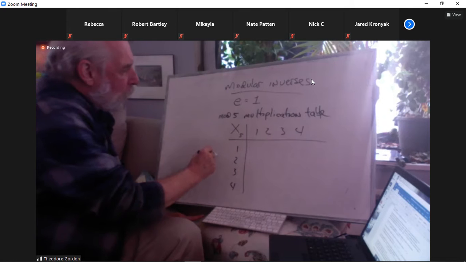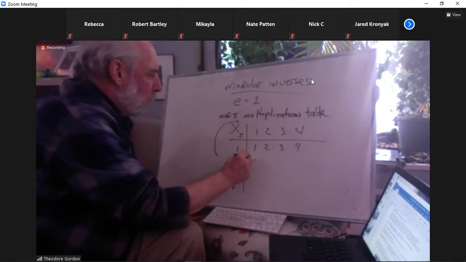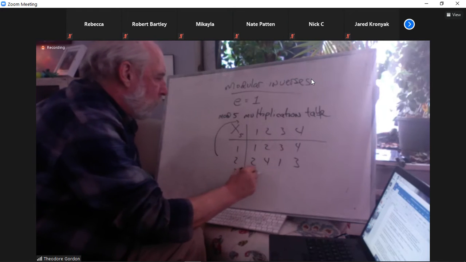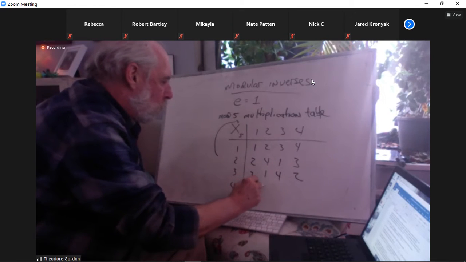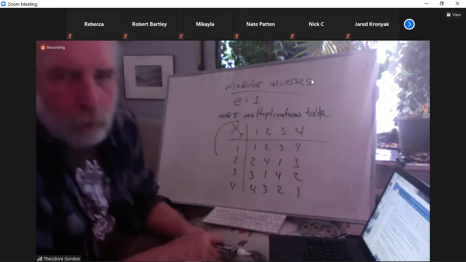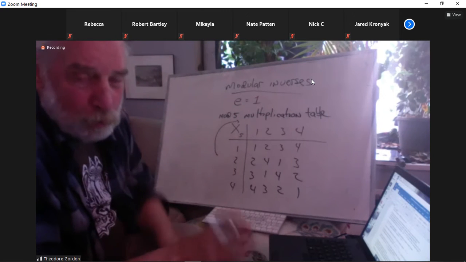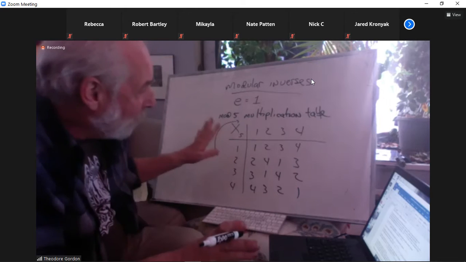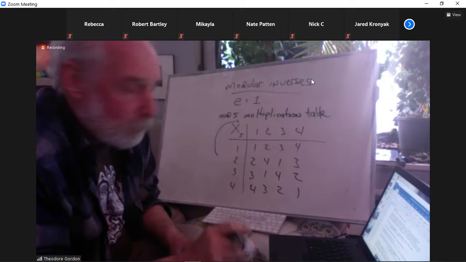So when we multiply, we go in this direction. 1, 2, 3, 4; 2, 4, 1, 3; 3, 1, 4, 2; and 4, 3, 2, 1. When we multiply in mod 5, now 5 is not only odd, it's prime. If you have a modulus that's not prime, odd or even, it's possible that there's no inverse.